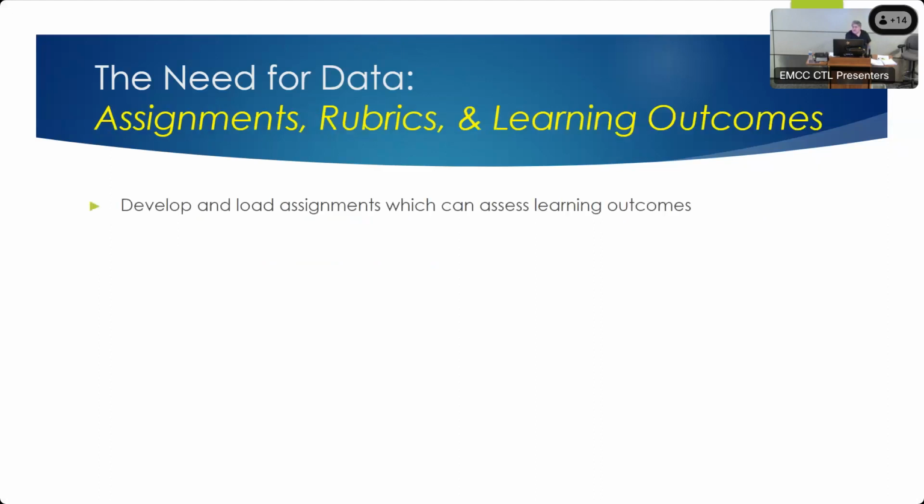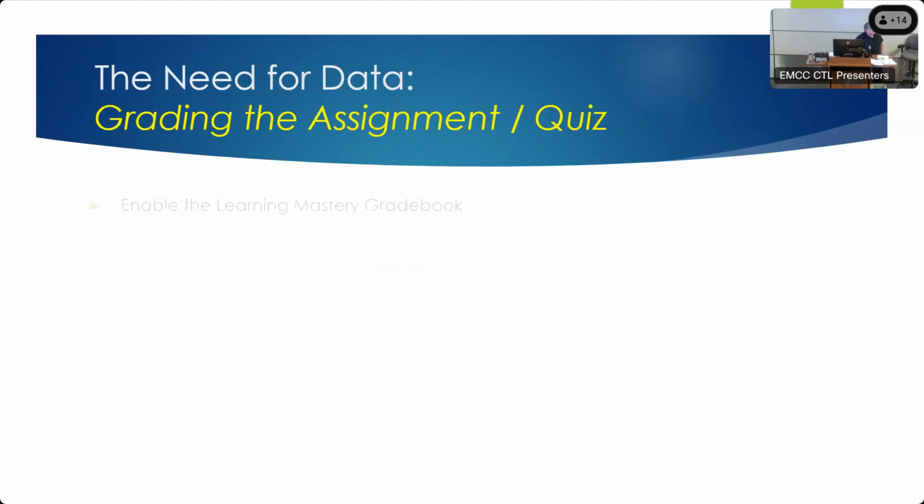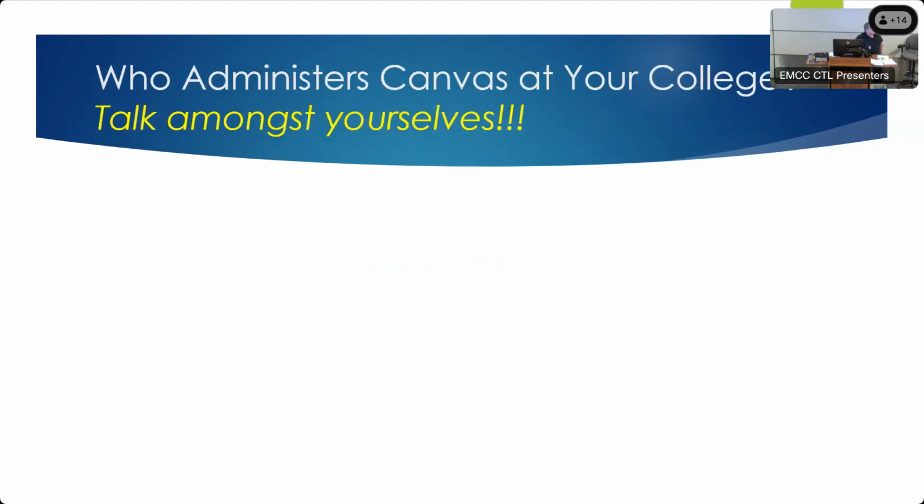More need for data? Develop and load assignments where we can assess the learning outcomes, build rubrics around them, and grade the assignments or quizzes using those learning outcomes. A key element to making this successful is to turn on the learning outcome mastery grade.